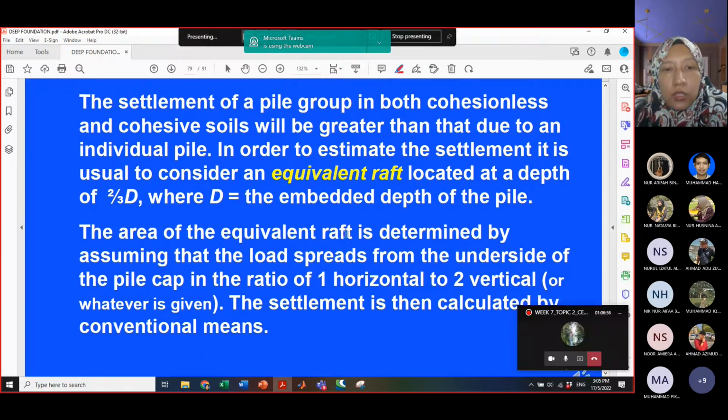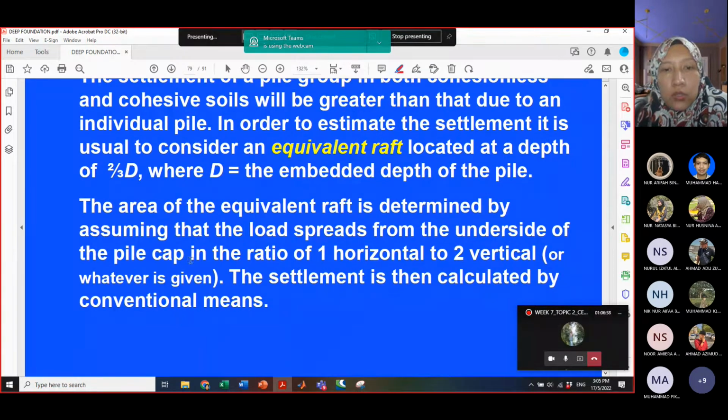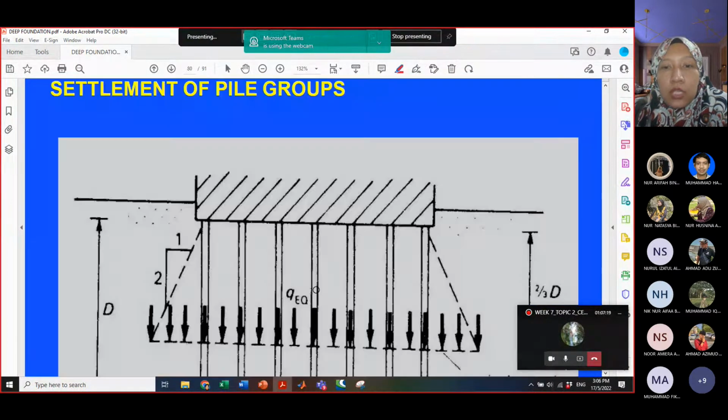So the thing is that it also mentioned the angle of the ratio of the settlement distributions too. The area of the equivalent raft is determined by assuming that the load spreads from the underside of the pile cap in the ratio of 1 horizontal to 2 vertical, or whatever it is given. So the settlement is then calculated by conventional means.